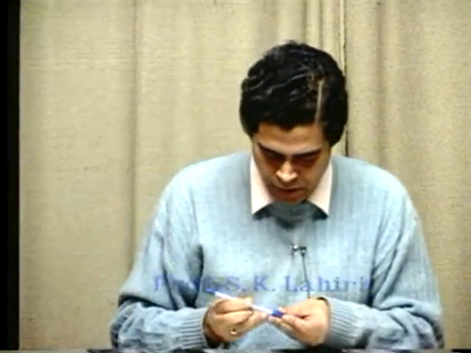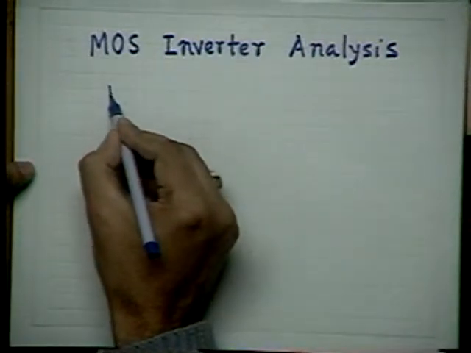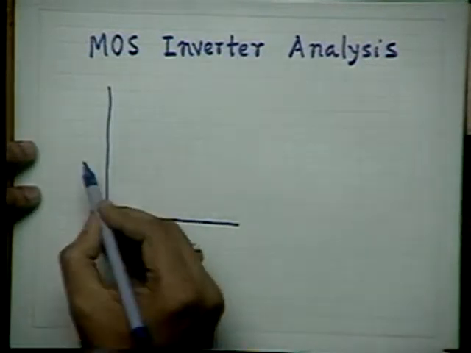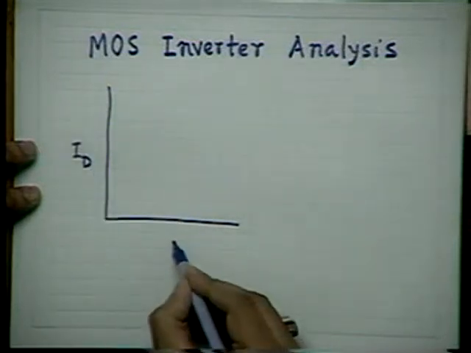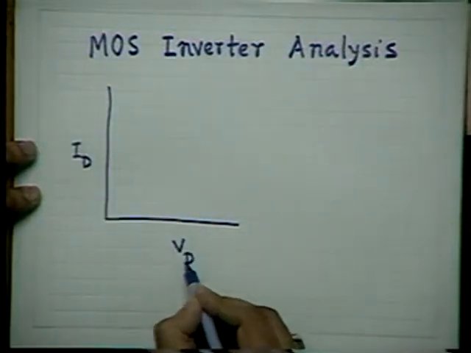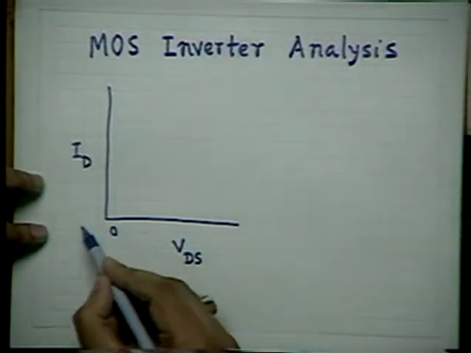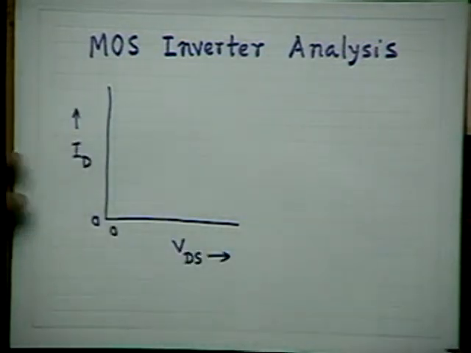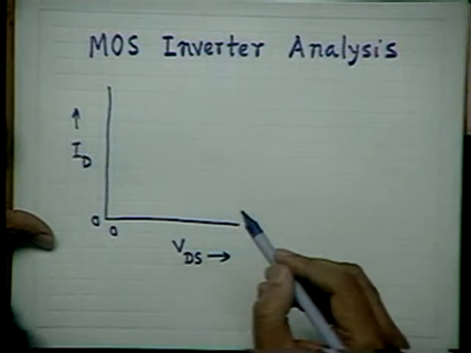Before we do so, let us first see how the transistor or MOSFET behaves in the two regions. This is the output characteristics of a MOSFET. As you remember, the MOSFET has two distinct characteristic regions.